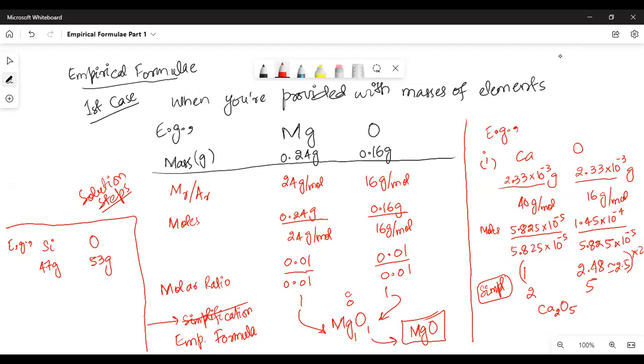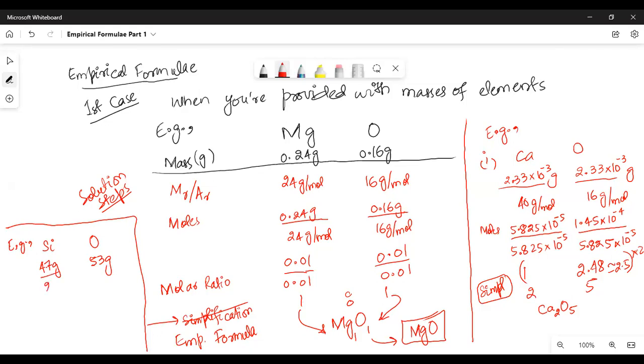Is it Si2O5? It's SiO2. Okay, let's take a look at it. What's the Ar for Si from the periodic table? 28. 28, good.